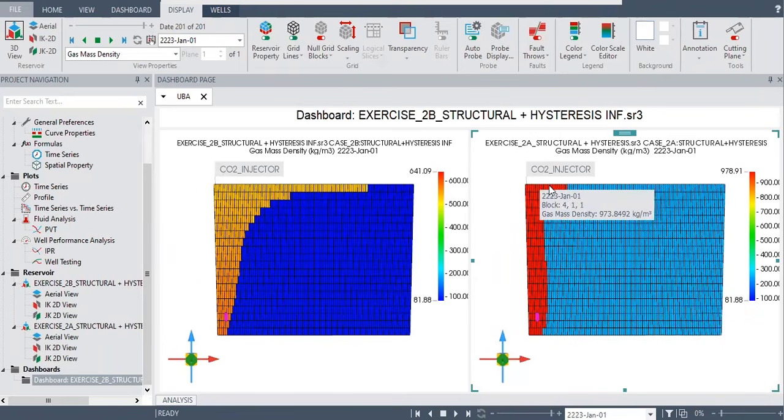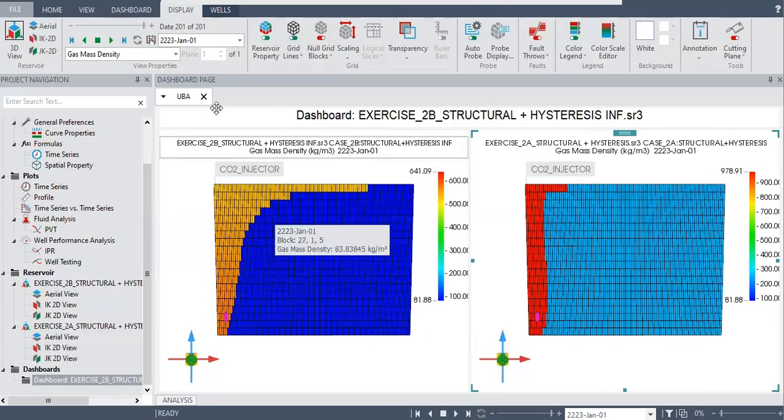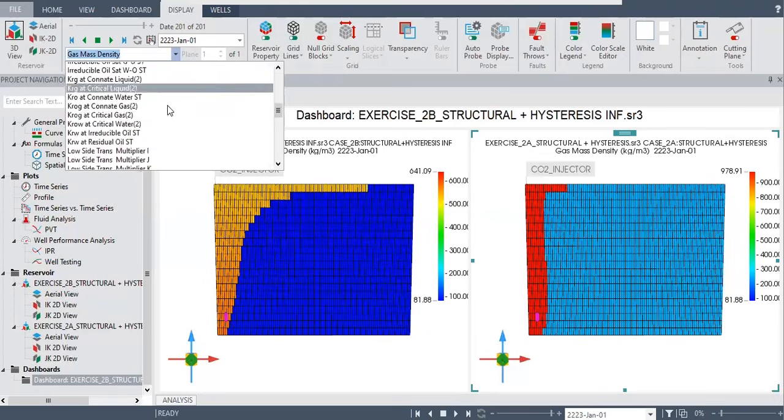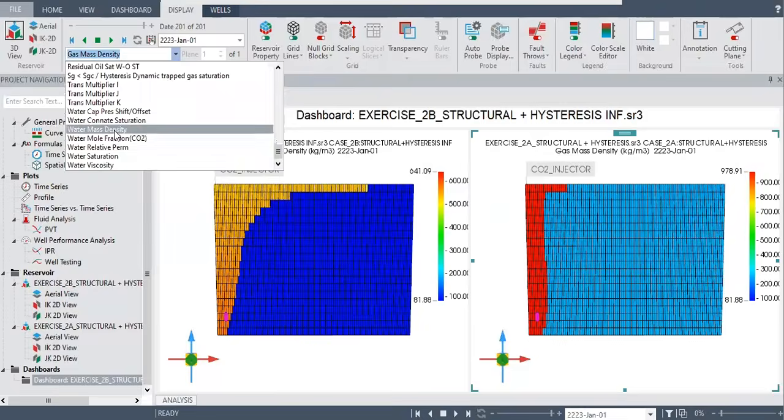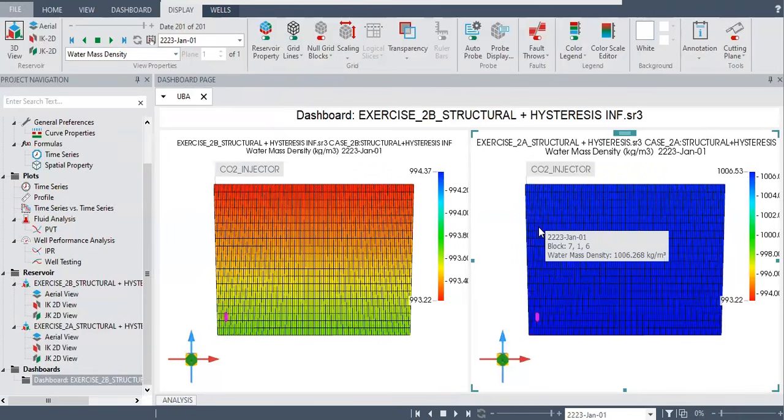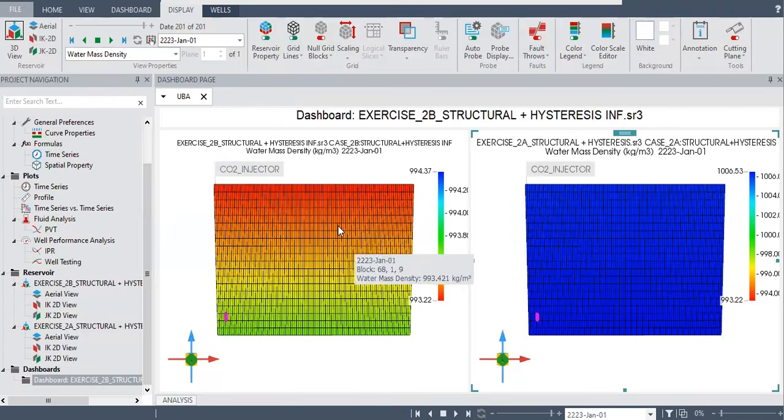So in the right case, the density is very high, 974, 970, very close to the density of water. So that's why the movement is very limited compared to the left case. If you want to see the water density, it is 1,900.